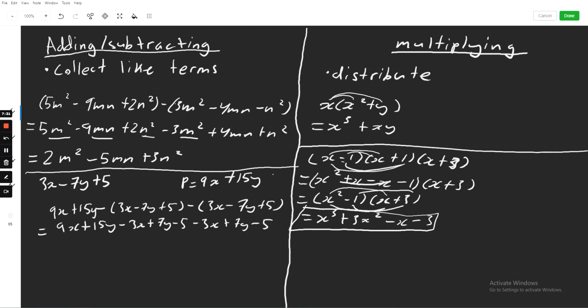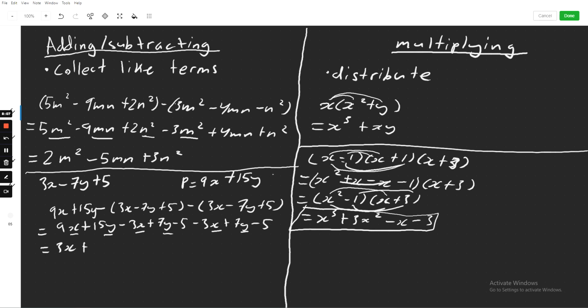Now when we collect like terms, we have all the x values, x and x over here. So that'll be 9 minus 3 minus 3, which would equal 3x. And then we have y values, so y and y over here. So 15 plus 7 plus 7, that'll be equal to 29.